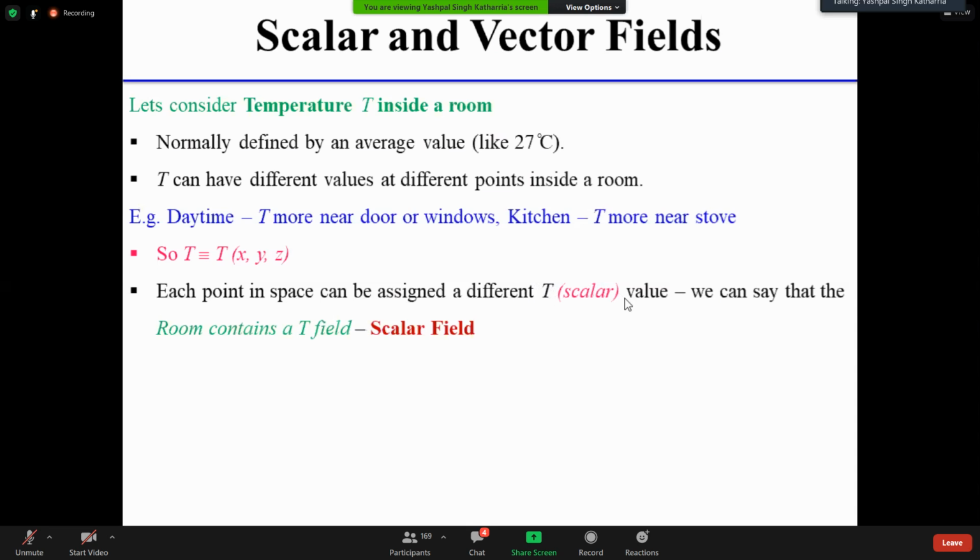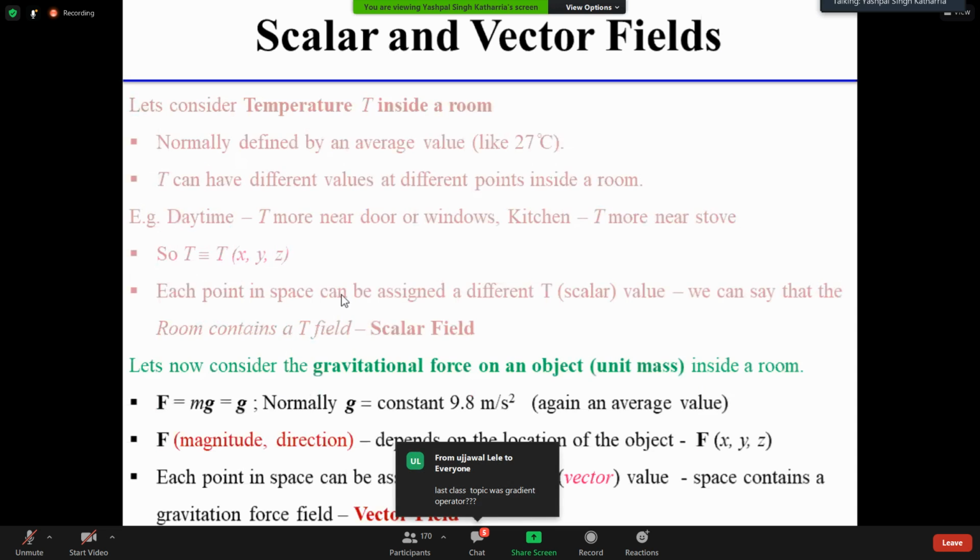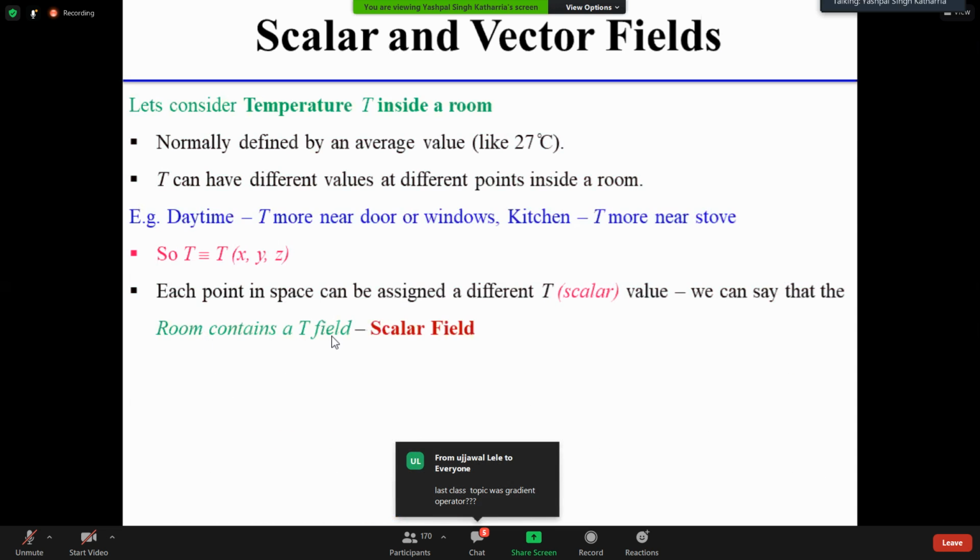Temperature itself is a scalar, so we can assign a scalar value to every point inside the room. That means the room contains a field.